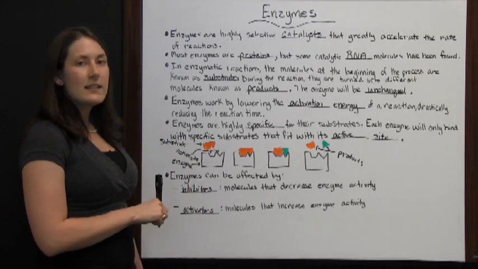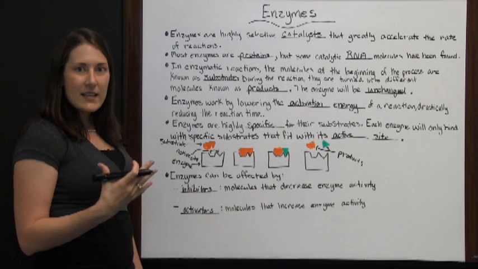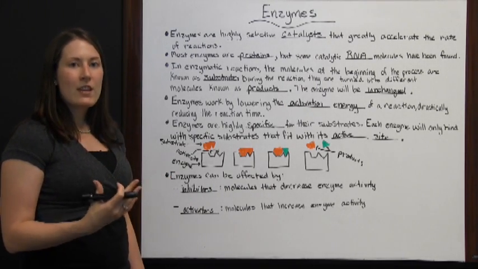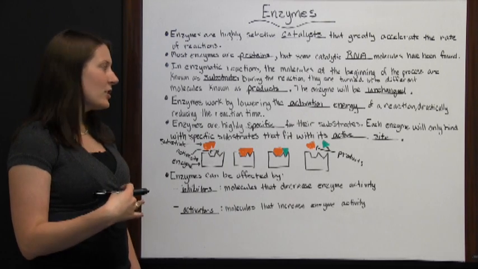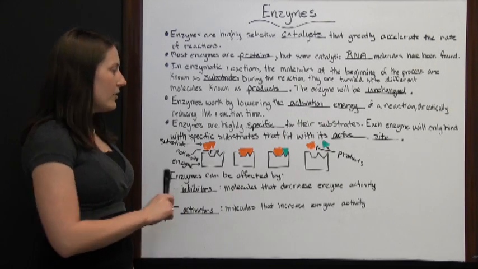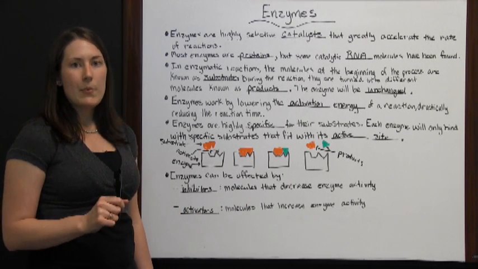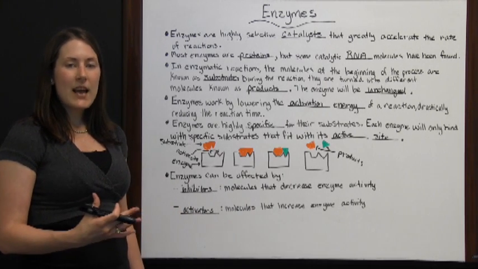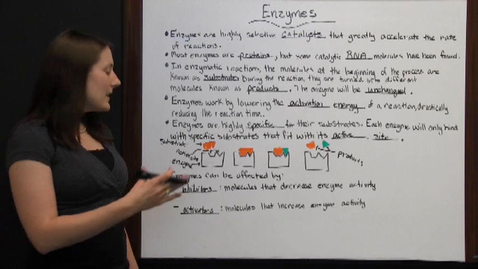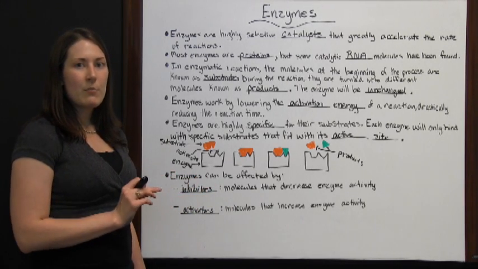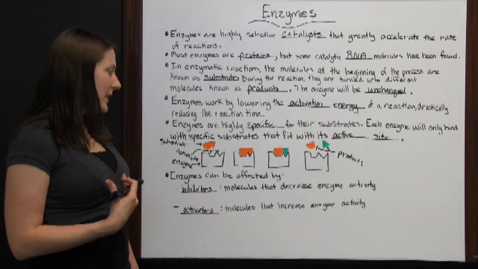So where you have enzymes that are raising the rate of speed of a reaction or lowering the activation energy needed, the inhibitors are going to slow that process down, and the activators are going to speed that process up. So where the enzyme is acting on a chemical reaction, these other molecules can also interfere with the chemical reaction and either speed it up or slow it down.